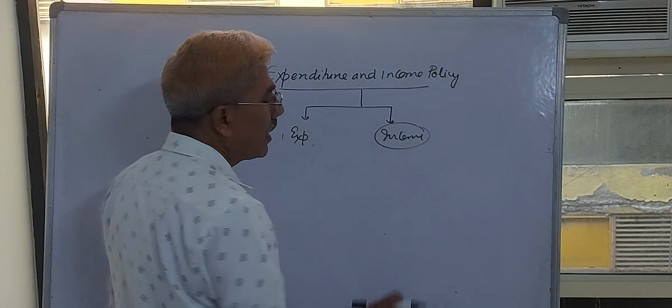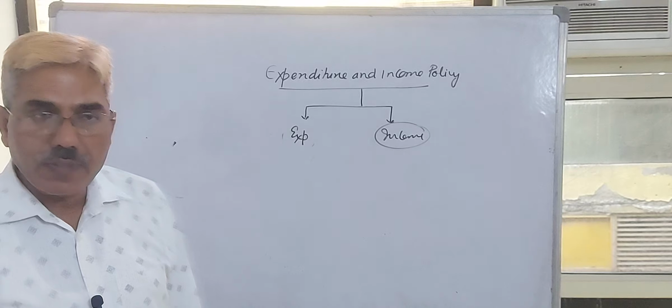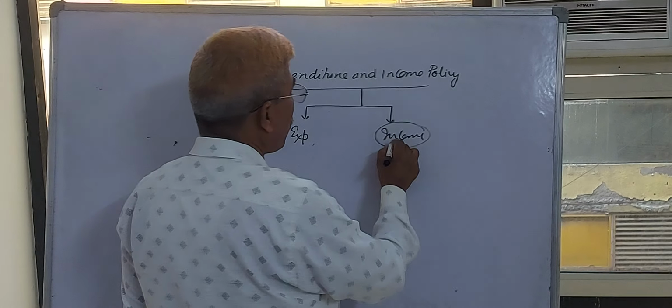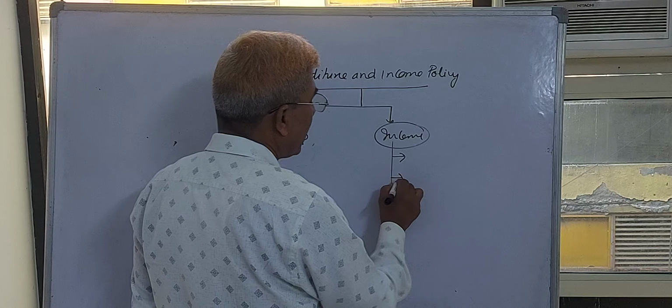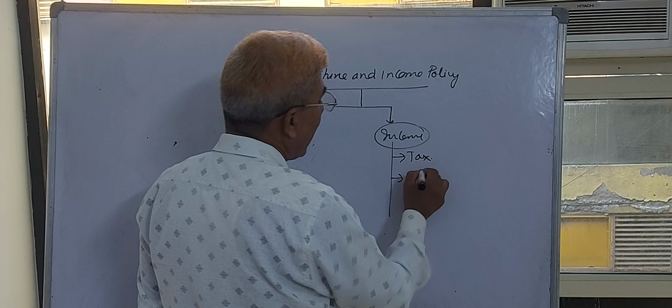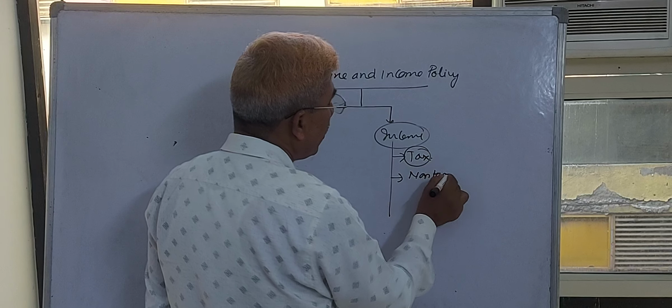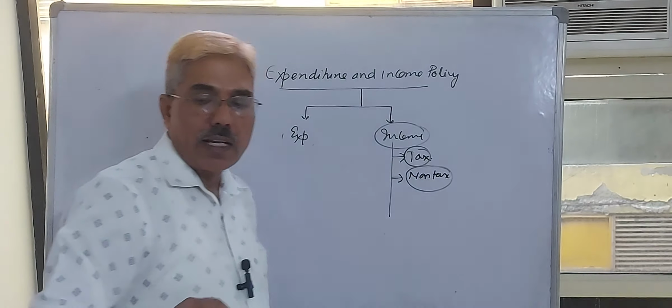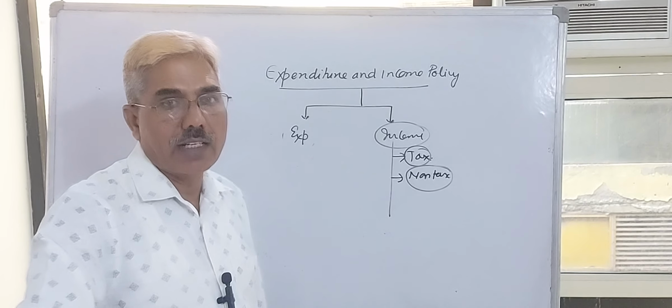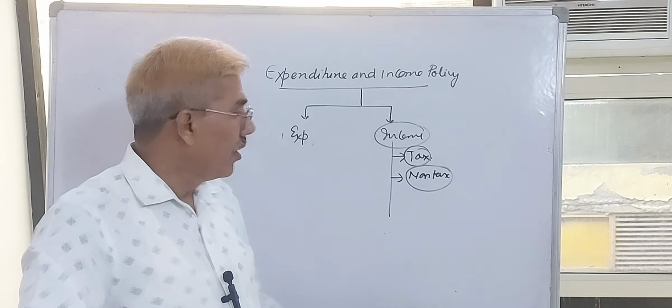In the case of income, the income sources of the government can be defined as tax and non-tax income. Tax income includes different taxes, direct and indirect taxes.